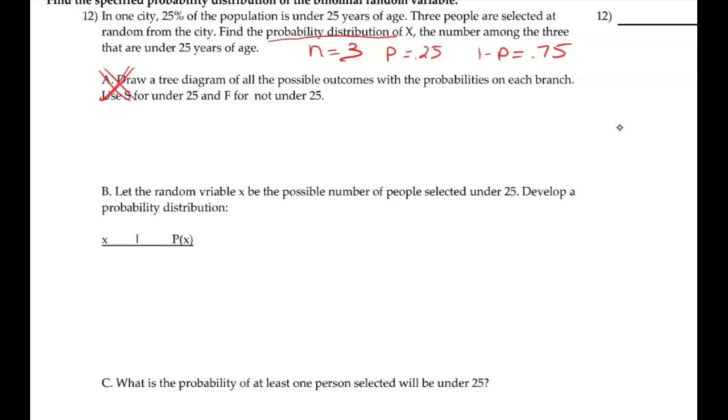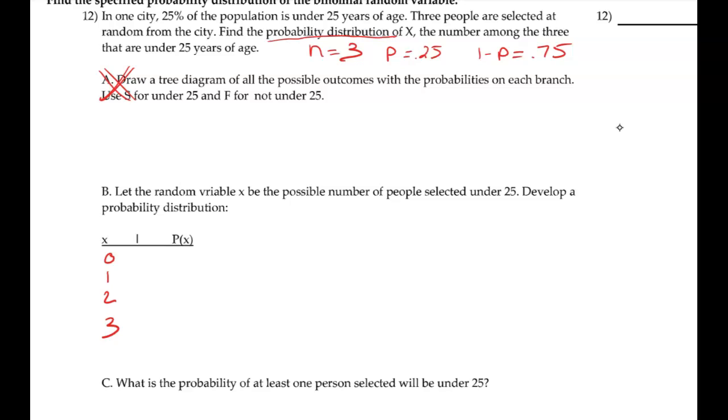When you do an entire distribution, we check when X equals 0. Because out of 3 people, there's a chance you could have 0. There's a chance you could have 1. There's a chance you could have 2. There's a chance you can have 3. That is your entire distribution.